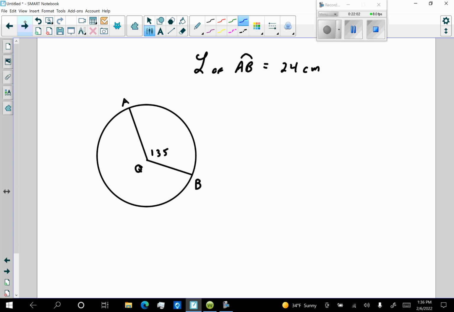And here I have, oh my goodness. So here I have the length of AB is 24 centimeters. And I know the measure of arc AB is equal to 135 degrees. A little bit over 90. And this time, the problem is going to ask for the circumference of this circle.